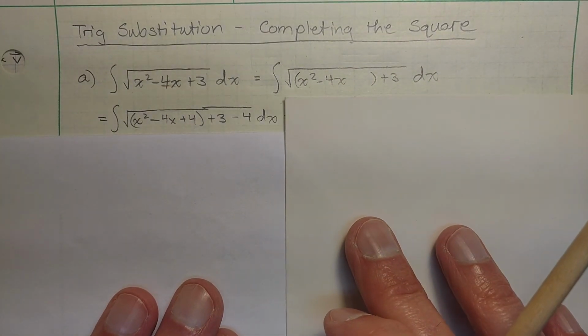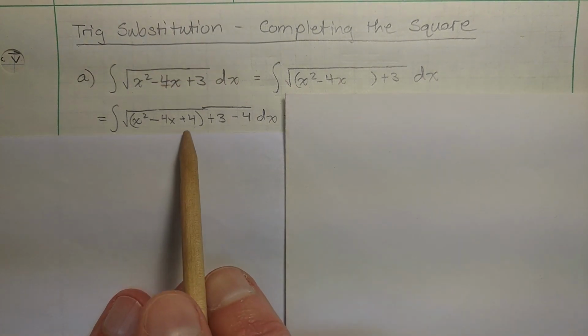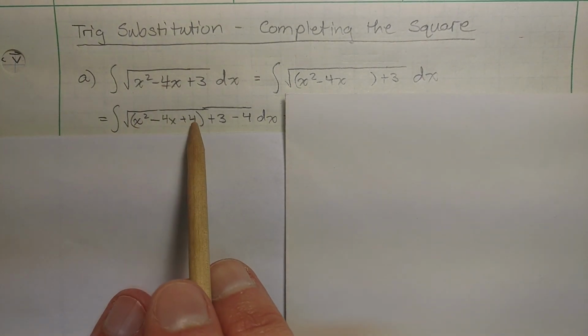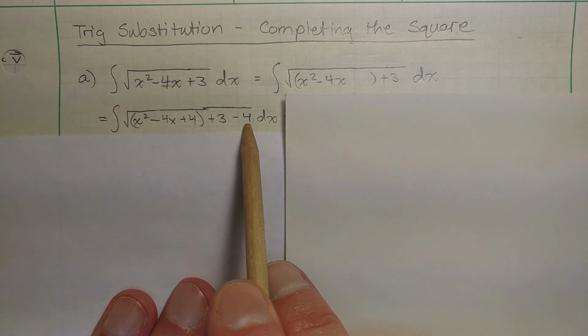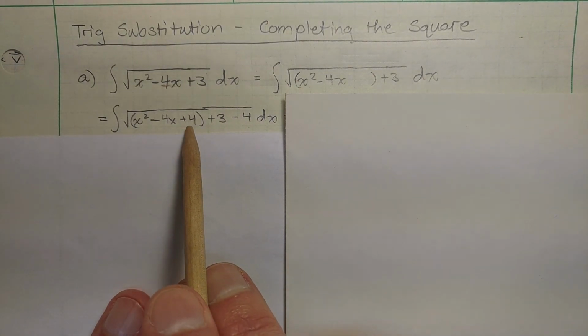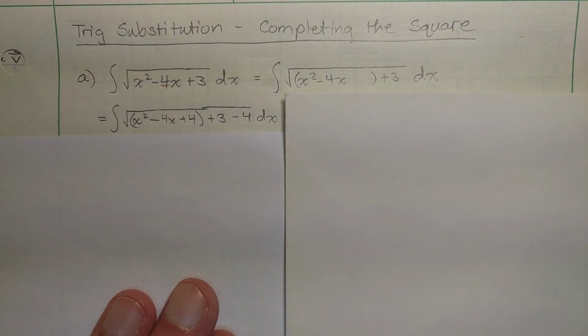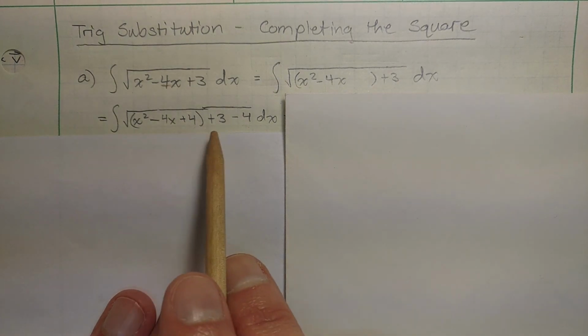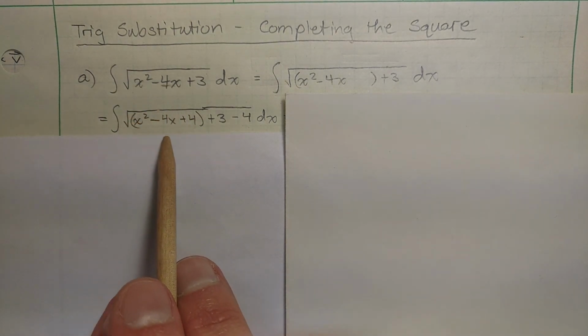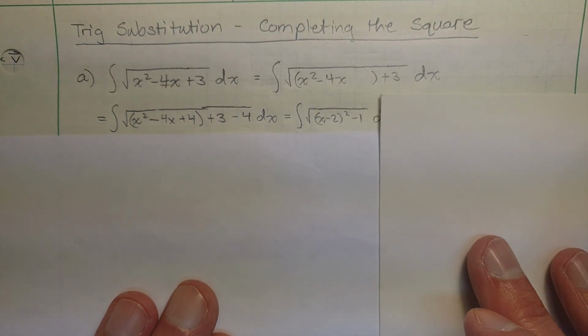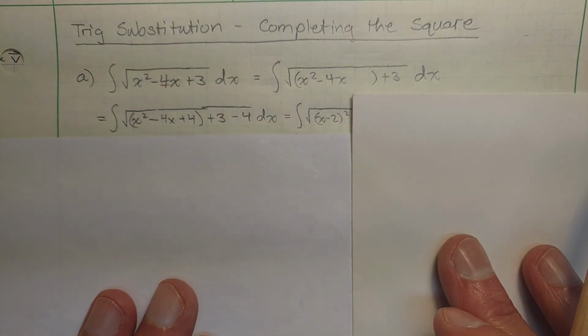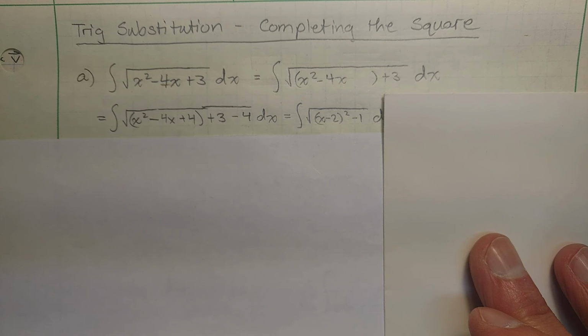I add the 4 here, I subtract the 4 there. It's still adding 4 and subtracting 4, so it's going to have the same value, but I can re-express this now as a square, and I take the 3 minus the 4, and I get a -1.